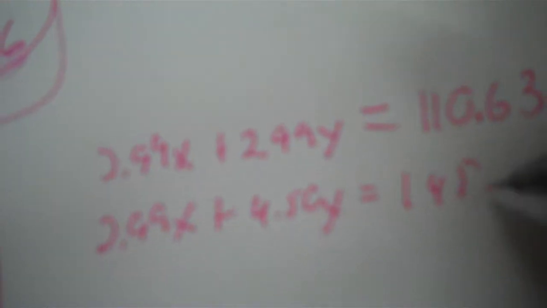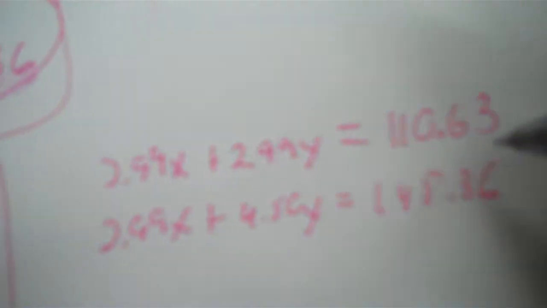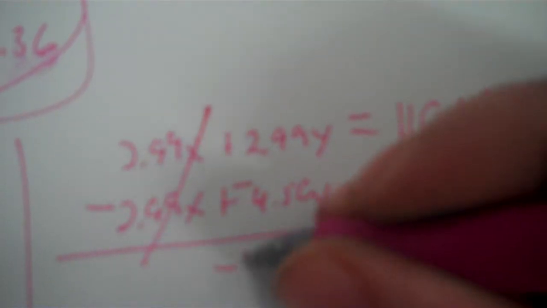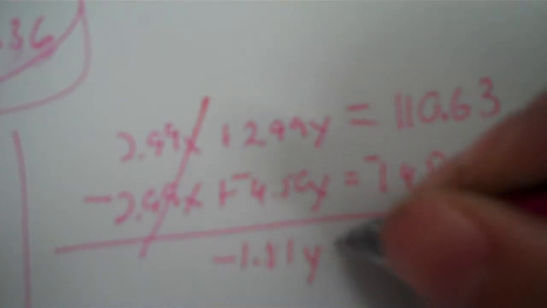So that's $110.63. Bottom 2.99x plus 4.50y equals 145.36. We're going to make these all negatives. Those go away. 2.99 plus negative 4.50 is negative 1.51y. 110.63 plus negative 145.36.